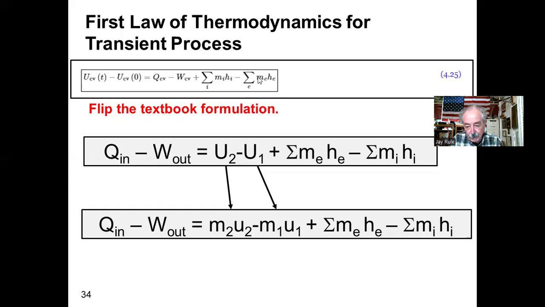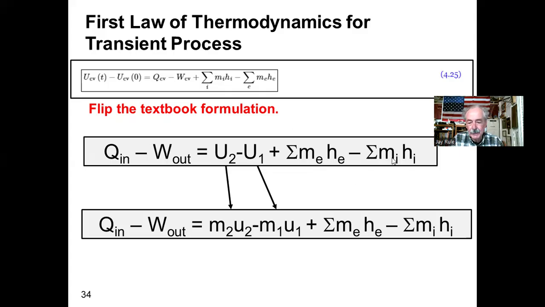If I flip that over here, I'm going to have a plus sum of the m leaving, h leaving. I said m dot, but it's the mass that left during the process times the enthalpy leaving, minus m, not m dot, the mass that entered the open system during the process times the enthalpy that came in during the process.